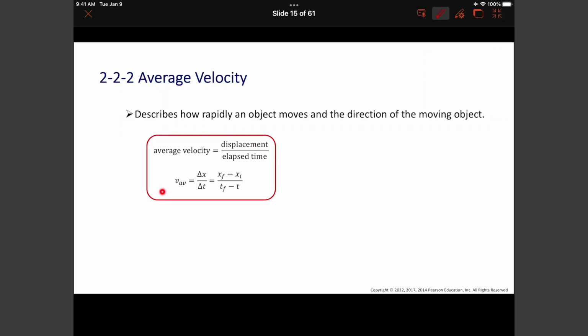So in symbolic notation, we write it as v_av, where av is average, which is equal to delta x over delta t. The displacement is final position minus initial position, and delta t is tf minus ti.